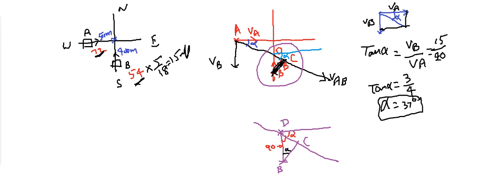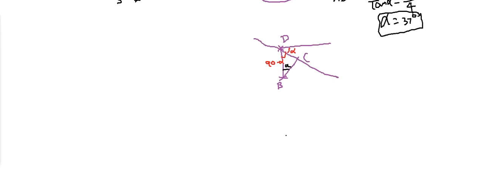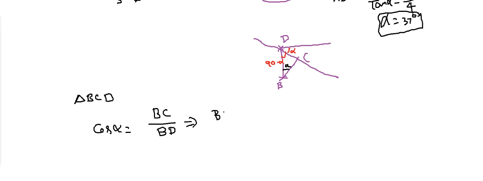So in this triangle BCD, for alpha, this is the adjacent side. So if I write cos alpha by taking the adjacent side, it is BC divided by BD. So BC is given by BD times cos 37 degree. What is cos 37?